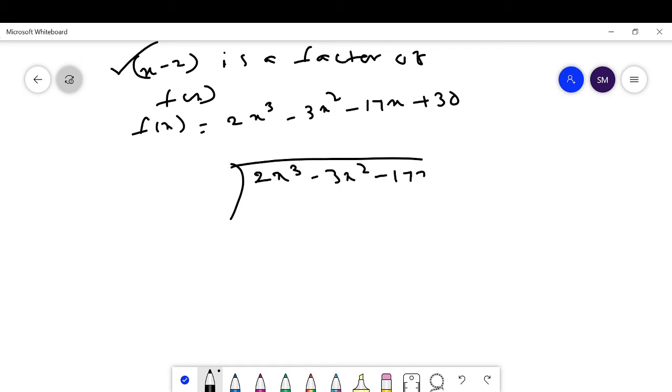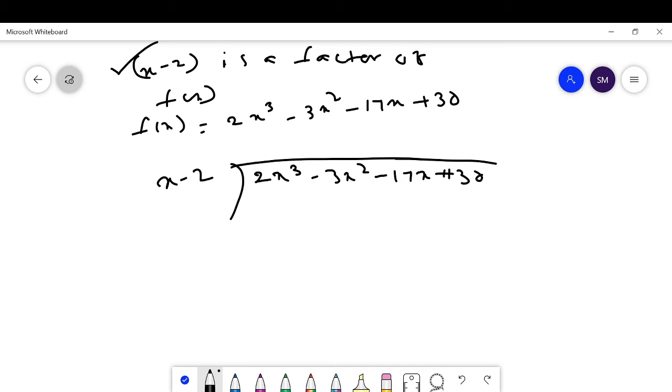When we use the long division method, students, at first put all these terms in the descending order of their exponents. Here the highest power of the exponent is 3, then 2, then 1, then 0.